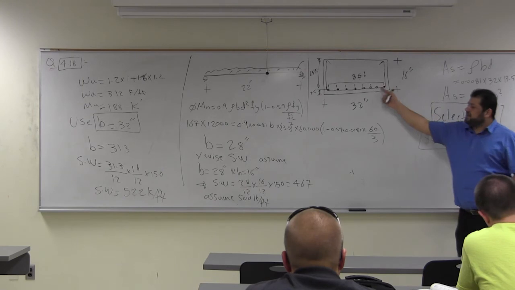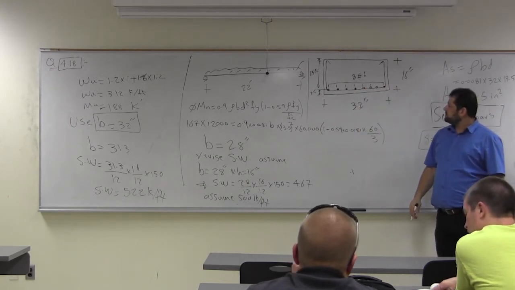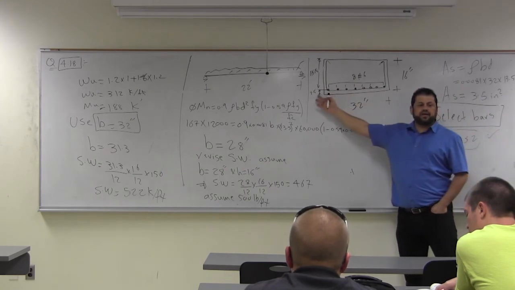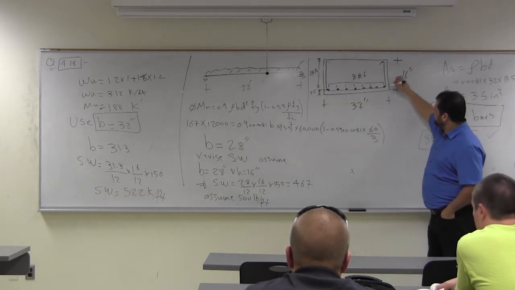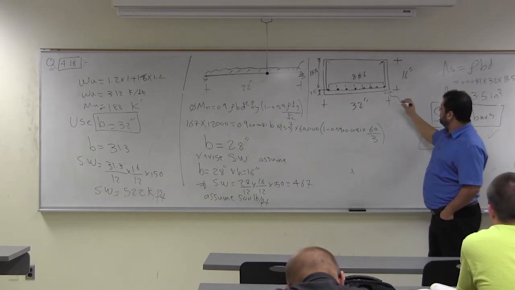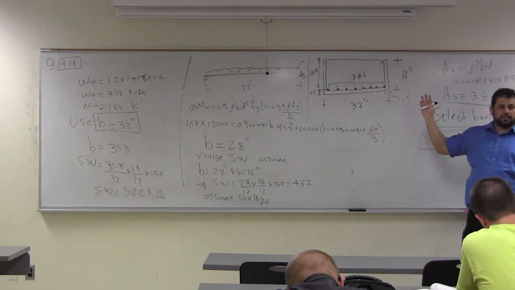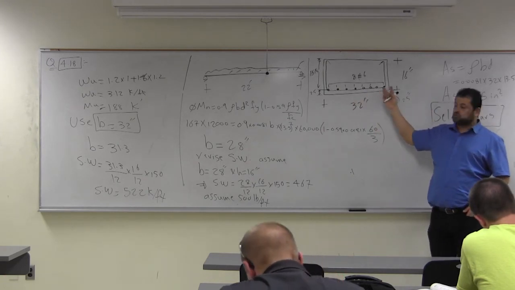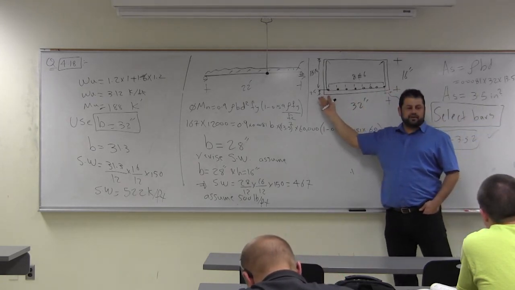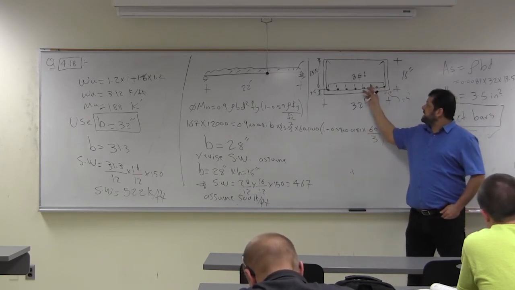Good? Now, what's the spacing? Just to check the spacing between them. The side cover usually is similar to the bottom cover. The side cover here, typically equal to the bottom cover. So 2.5 inch from both sides. So we have 32 minus 5, which is 2.5 from here and 2.5 from here. How much? Divided by 7 spacings.